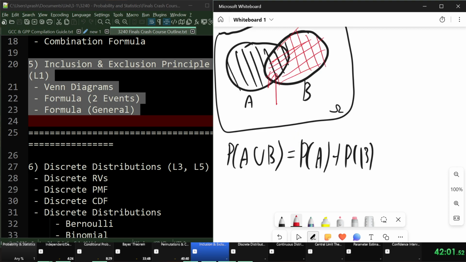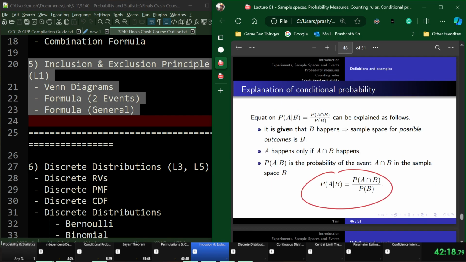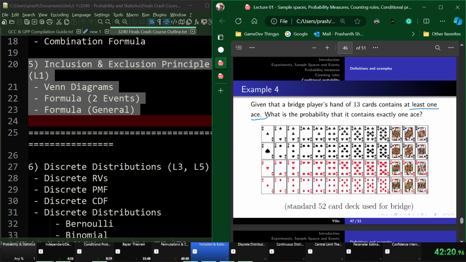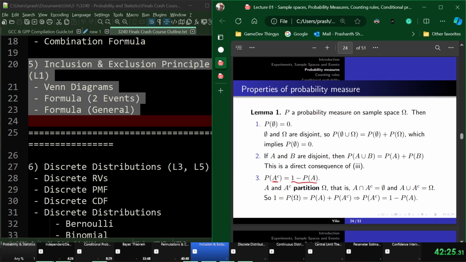Maybe I should leave the lines there. So we subtract away the intersection, which was the part that we counted twice. This is the inclusion-exclusion formula. This is the actual one. I need to double check myself.